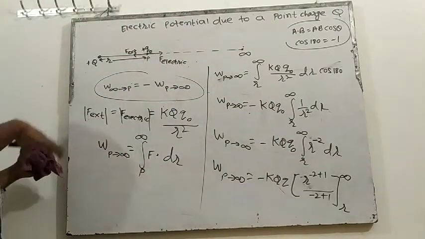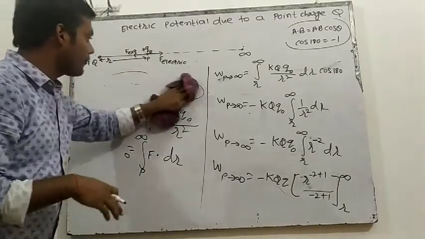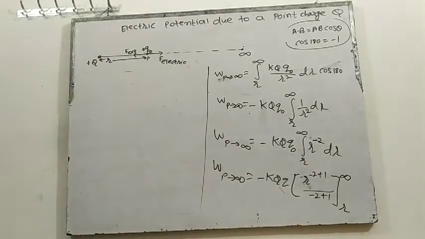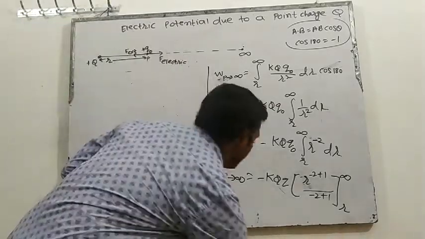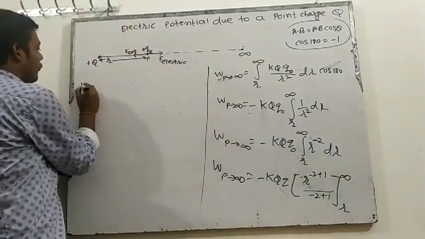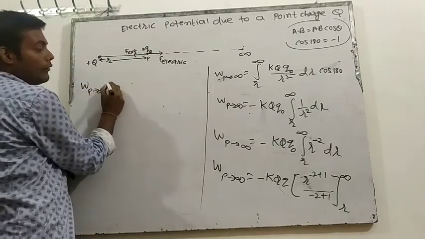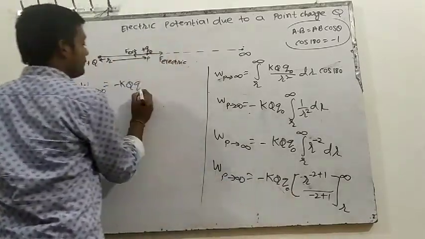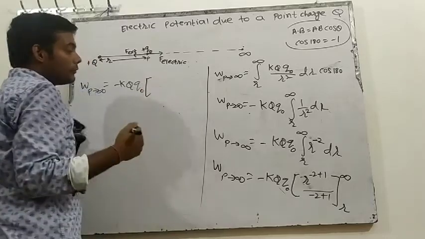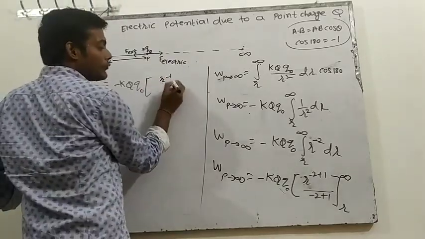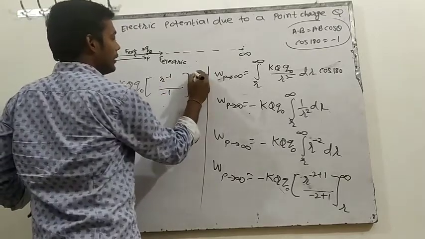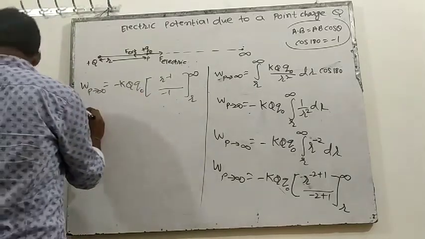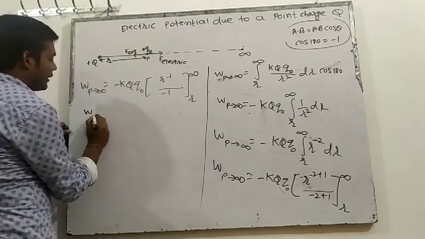Write everything. See here. So the work done from P to infinity will be equal to minus K Q Q naught, and this will be r to the power minus 1 divided by minus 1, from r to infinity.